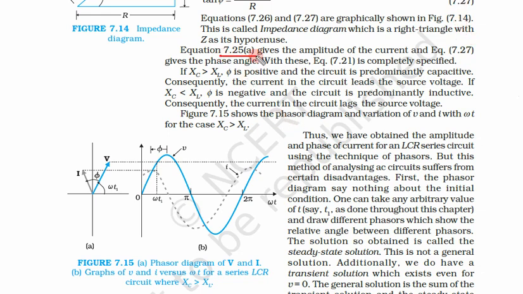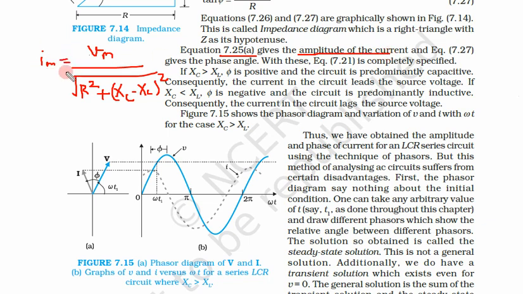Equation 7.25 is Im equal to Vm upon the impedance, the square root of R square plus Xc minus XL whole square. So this is giving the amplitude of the current. This equation 7.27 is giving the phase angle of the current.